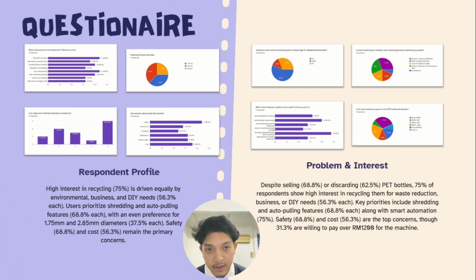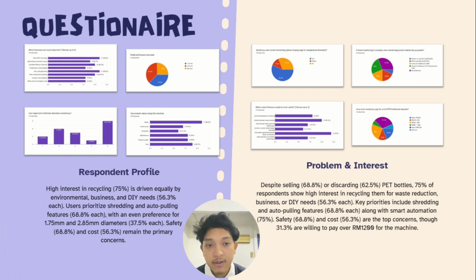And the last section is section D, about problem and interest. Despite selling at 16.8% or discarding 62.5% PET bottles, 75% of respondents show high interest in recycling them for waste reduction, business or DIY needs, at 56.3% each.